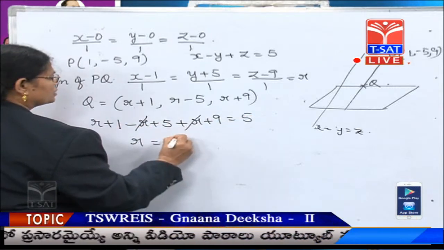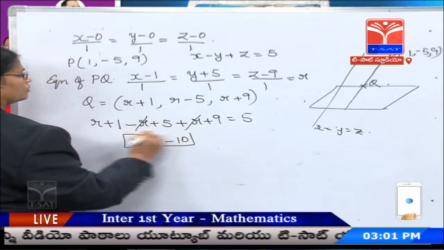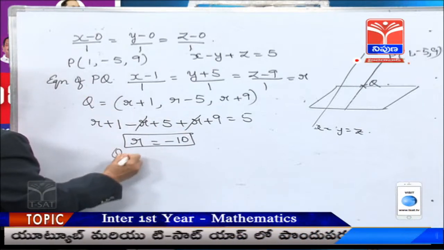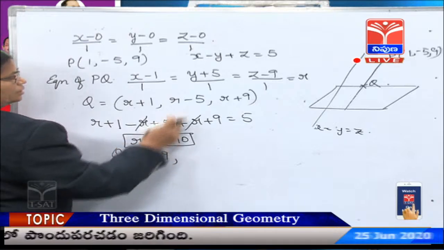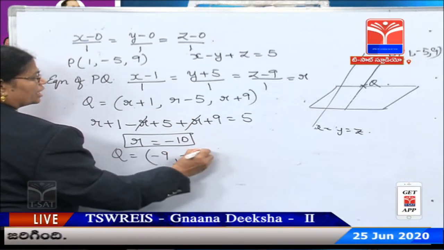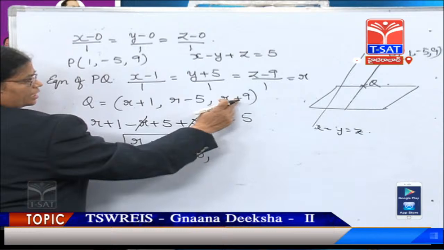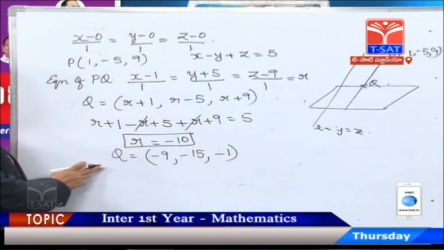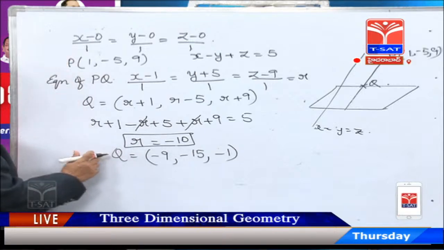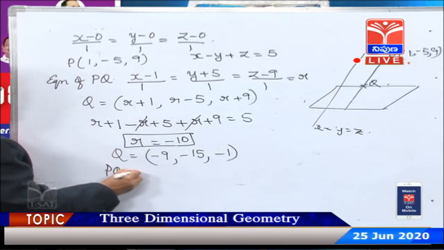So, 5 minus 15 is minus 10. So, the point Q will be (minus 15 plus 1, minus 15 minus 5, minus 15 plus 9), that is (minus 14, minus 20, minus 6). Now, you are required to find the distance from P to Q. Use your distance formula.